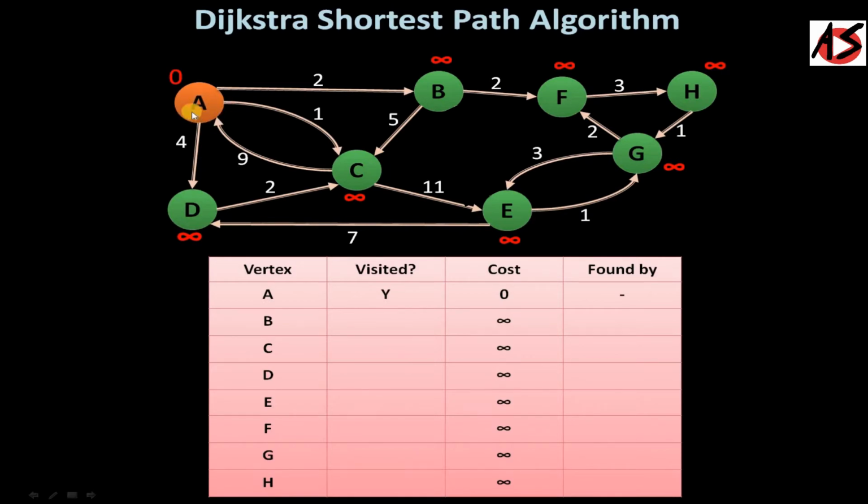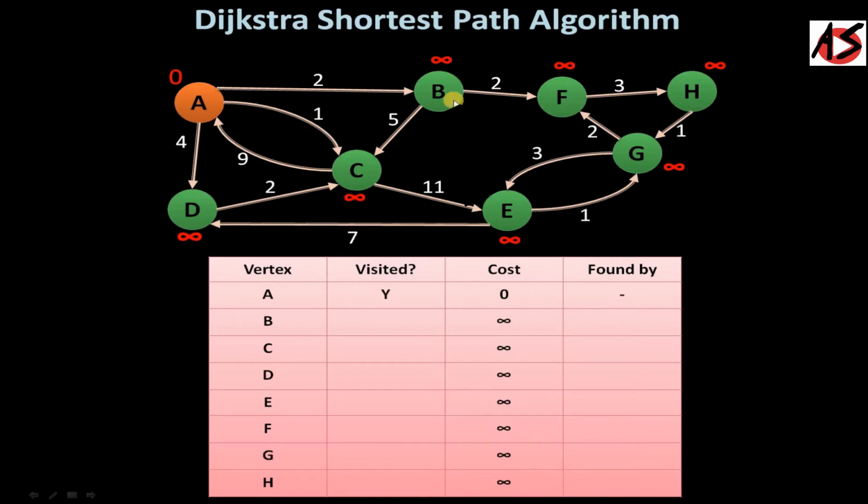Initially we will store the cost of the path. From vertex A, the cost of A to A you can write as 0. Since you don't know the minimum cost for any other node, you take infinity for all the nodes.